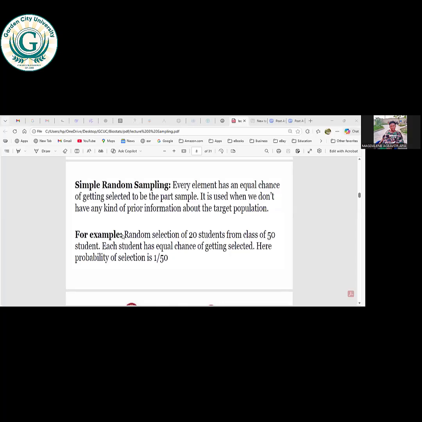For simple random sampling, you are going to go by what we call the lottery method. For example, if I come to your class right now, I have about 480 students in my class. If I select some individuals to represent the class and decide to use simple random sampling, I will assign numbers to these individuals.